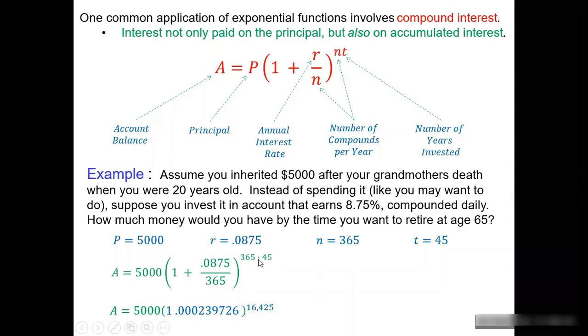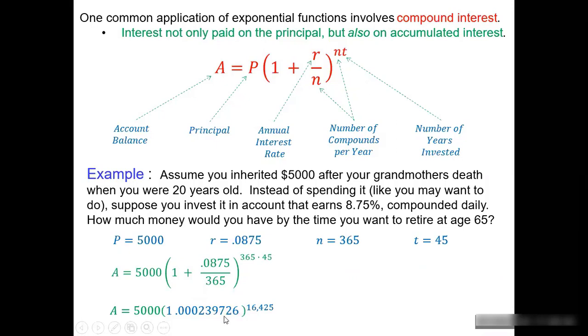Notice what that represents. That's the total number of days in 45 years. So our exponent is 16,425. That's the total number of compounds. So if I truncate this decimal at 1.0002, I'm going to be off by quite a few dollars by the time I end up finishing this problem.